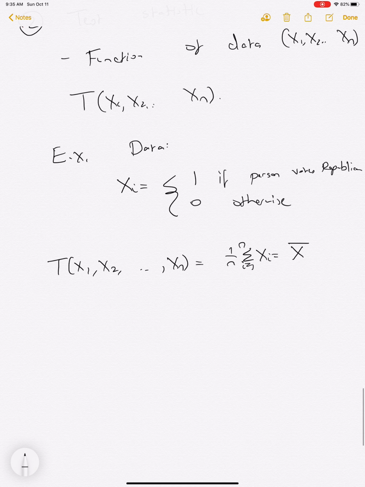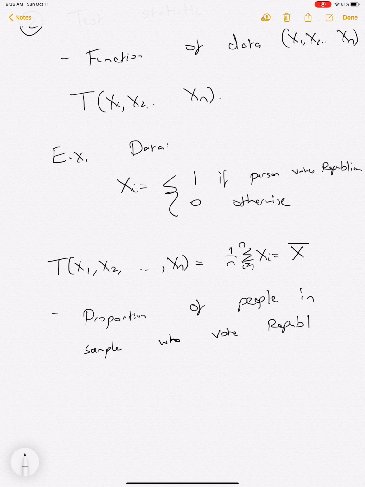Okay, and so this is the proportion of people in the sample who vote Republican. This is the test statistic, which is that third component of our framework.